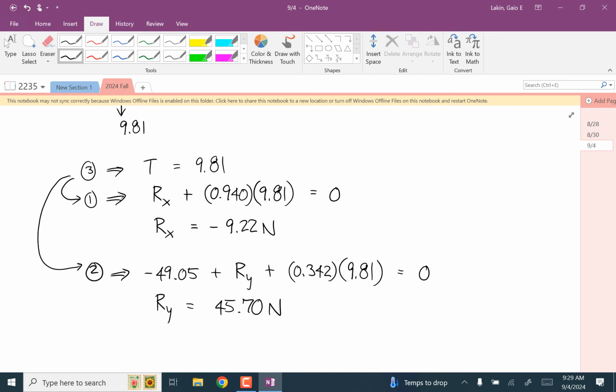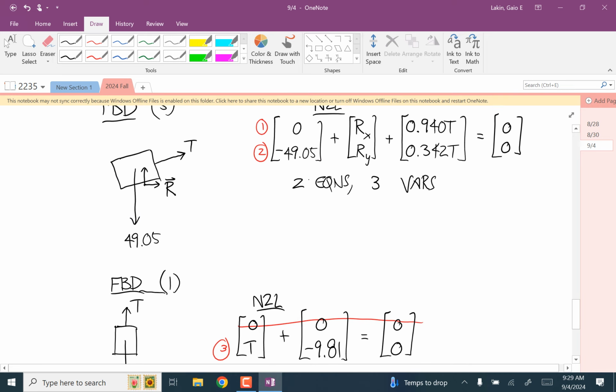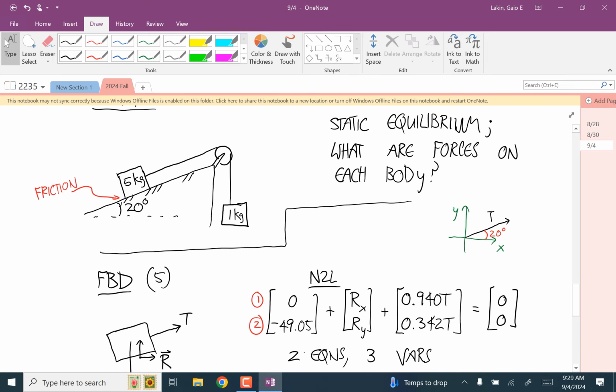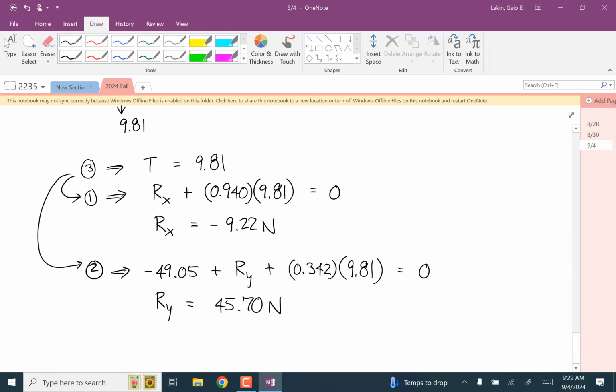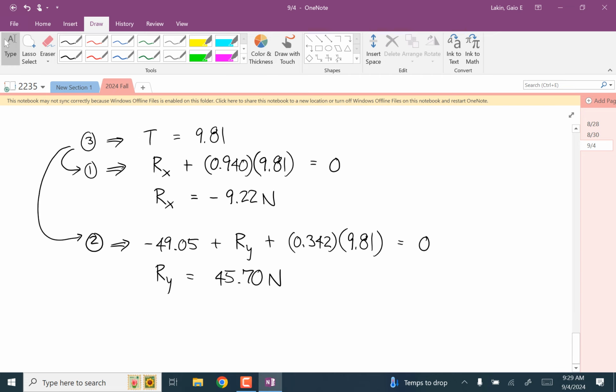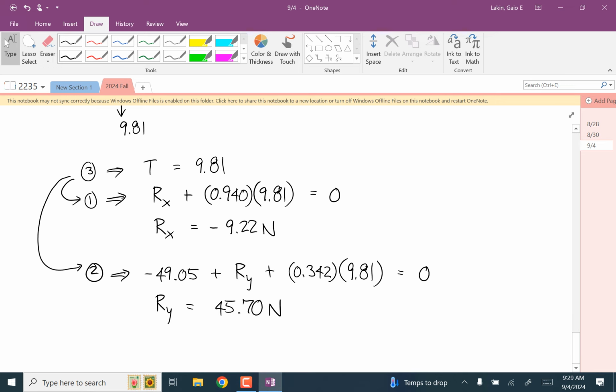And now you could go back and put those back into the free body diagrams and show all the external loads on both of those two bodies. Well, this was a system of 3 variables for 3 equations.